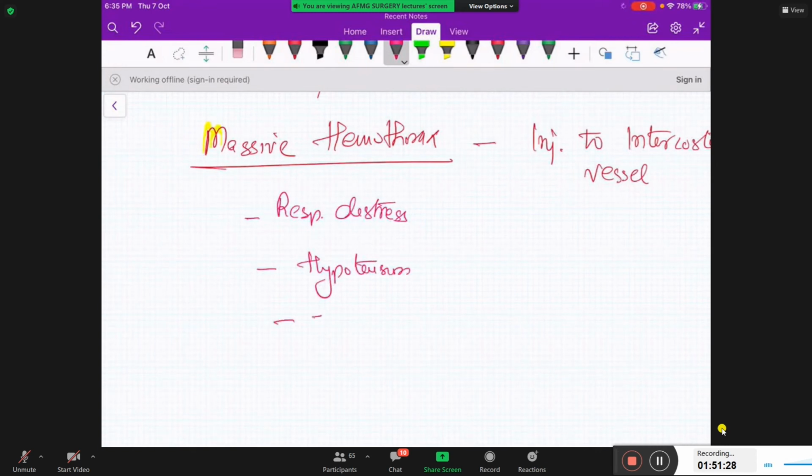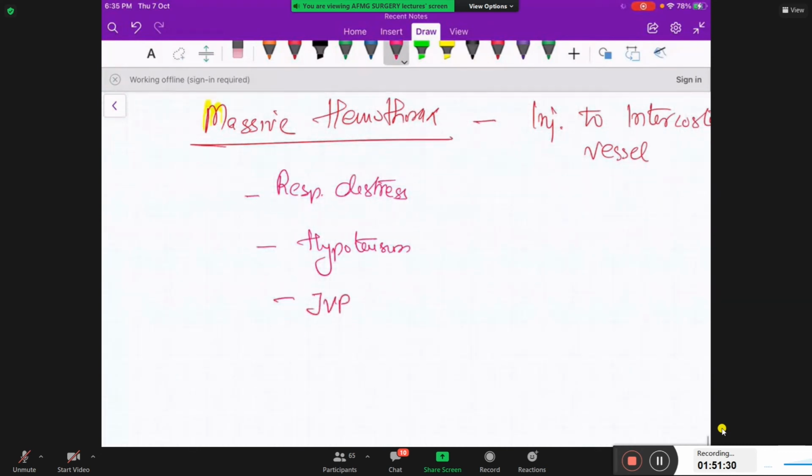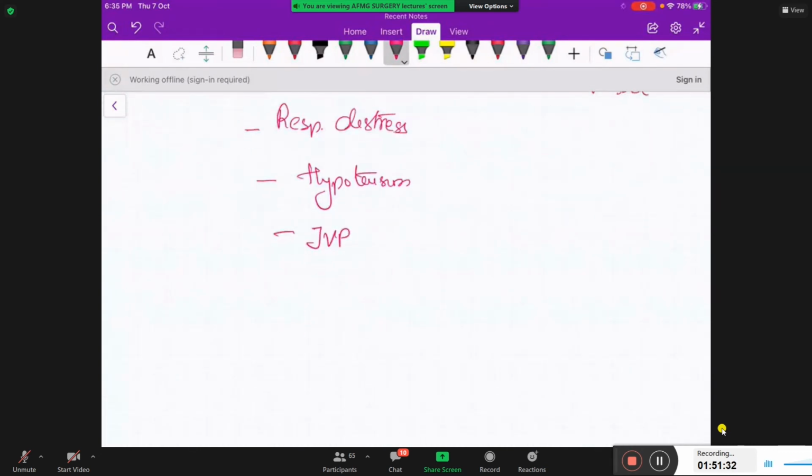And what will be the status of JVP here? It will be decreased because there is bleeding happening. So JVP will be decreased. Now, what will be the status of the breath sounds?